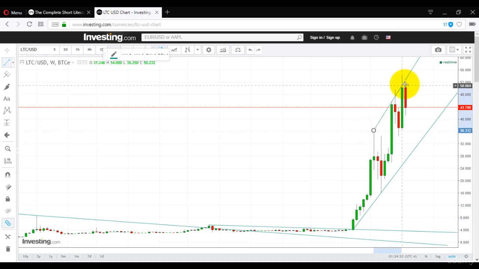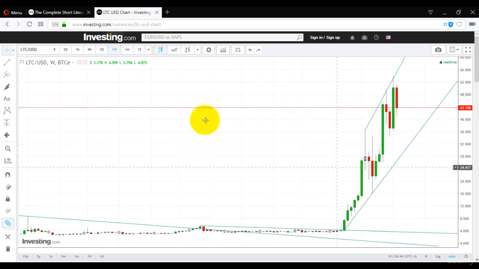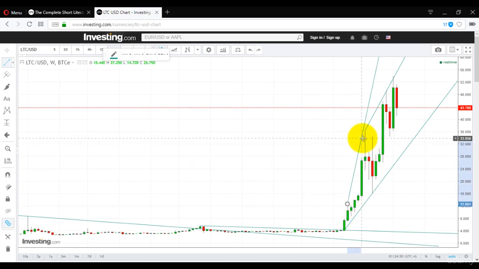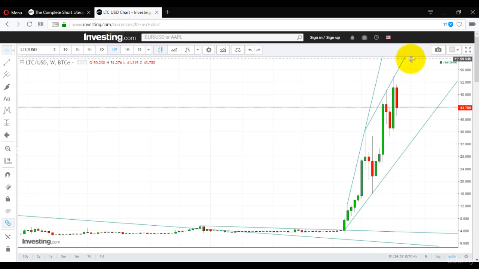If we make the trend line joining these two highs, again, it's saying it's going up.